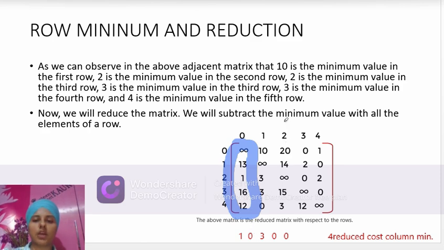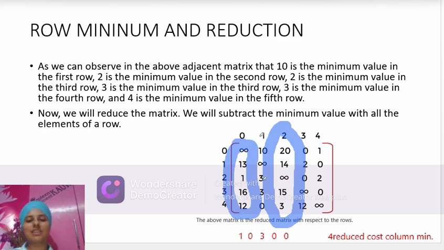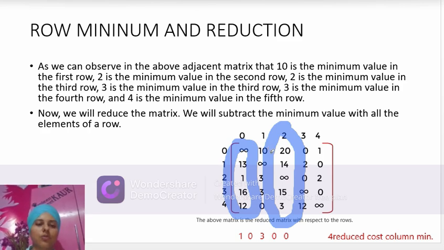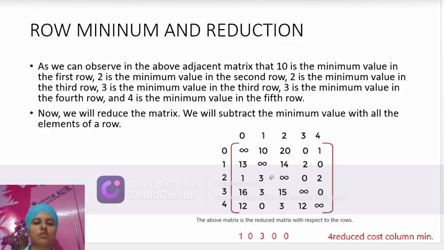For the next one we have to subtract 3, so here the changes will be 17, 11, then here 12, here 0, right? Like this we subtract in two columns, because the other columns have the value 0, so there is no need to change anything. Now we will see our reduced matrix after subtracting the column minimum.